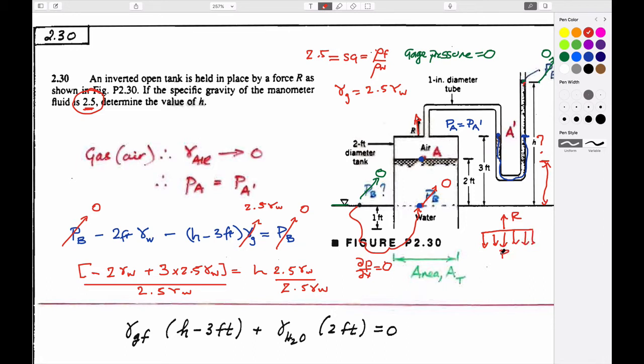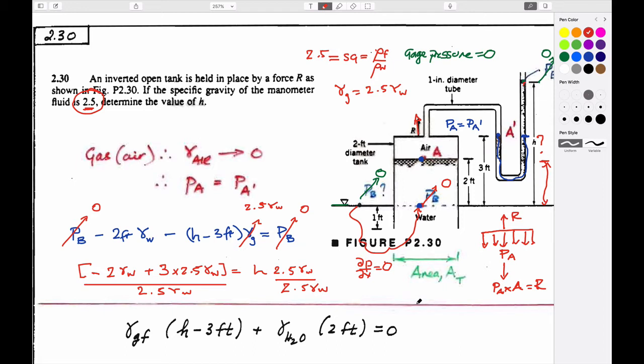And this is the pressure A. And so the force would be PA times the area equals, it's going to be the reaction of R. So you could do that.